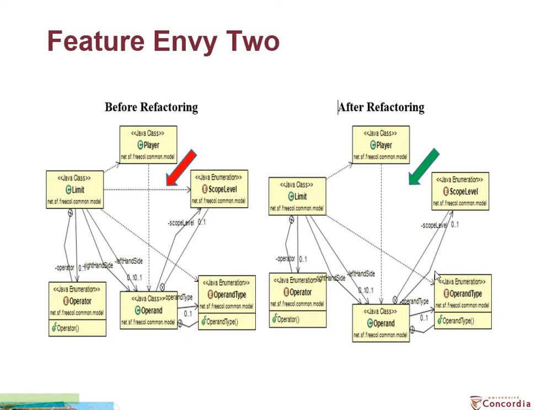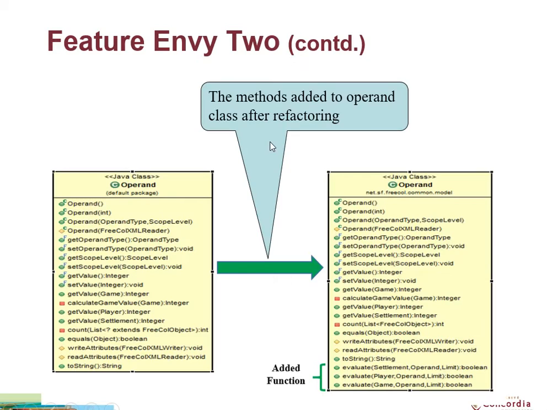After refactoring, you can see that it has decreased the coupling between classes. So this is a good example of refactoring. And as you can see here, the operand class before refactoring and after refactoring, there are three functions added to this class after refactoring.